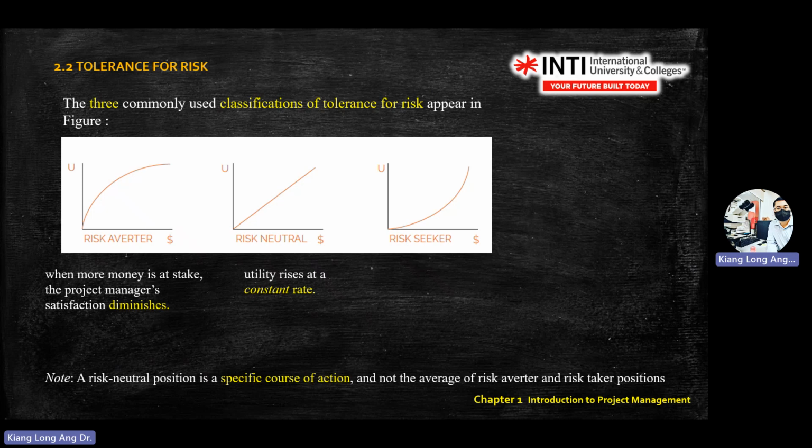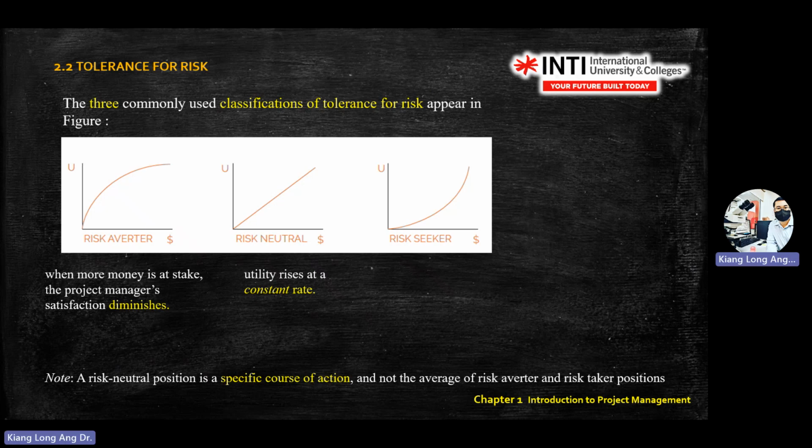If you're given more money, your satisfaction U starts to reduce. Start to reduce means if you're being paid, compensated a certain amount of money, the more money is compensated, then your satisfaction becomes less and less. If you're the first one, you're the risk averter.